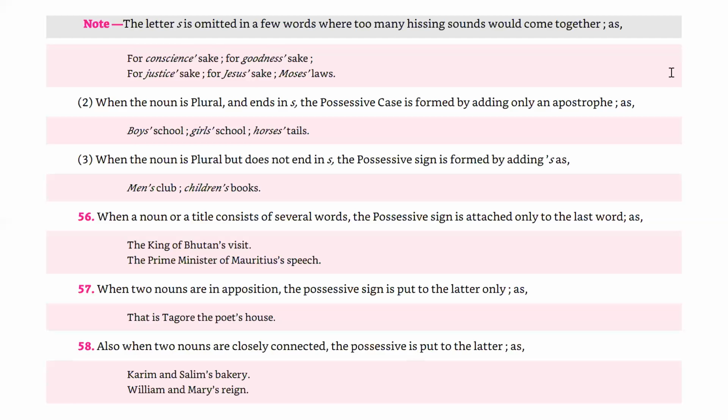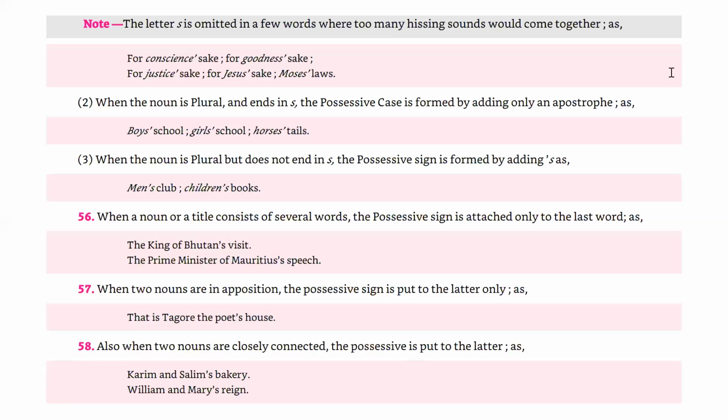If the noun is a title that consists of several words, for example, the King of Bhutan, then put the apostrophe and S after the last word. The King of Bhutan's visit. Don't say like the King's of Bhutan. The Prime Minister of Mauritius's speech.